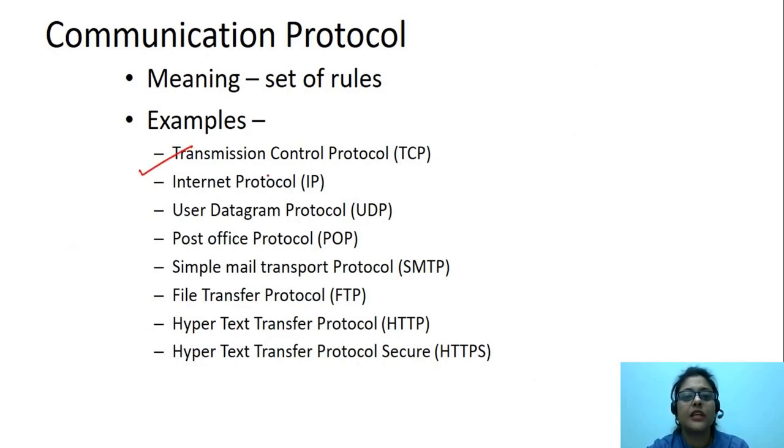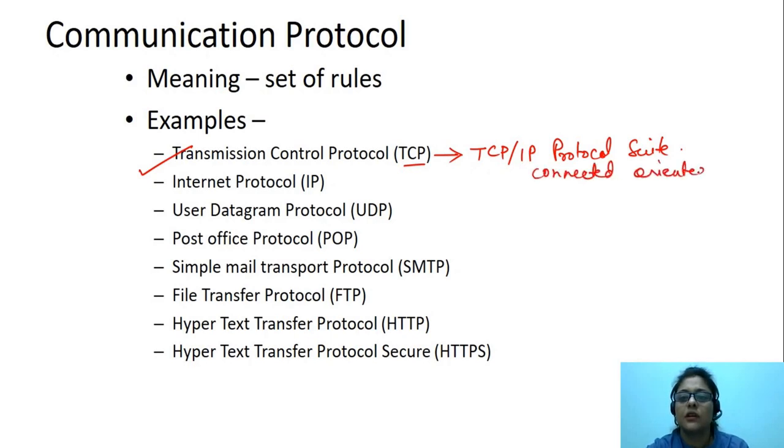We can have transmission control protocol or TCP. This is a very important protocol of the TCP/IP protocol suite. This basically is a connection-oriented protocol that helps us in how to transfer data between the source and the destination.